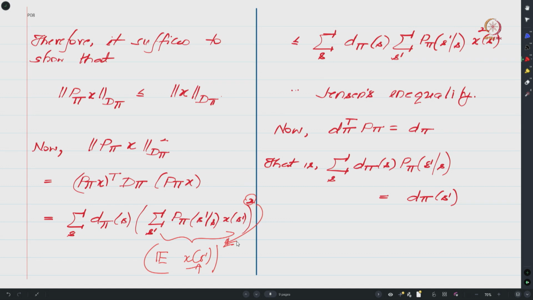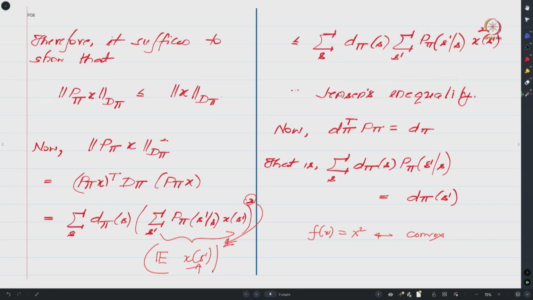And now the square function, so if I write f of x equals x square, this function is convex in nature. Because it is convex, one can invoke what is called Jensen's inequality to conclude that the square of the expectation, that is the function of the expectation, is upper bounded by the expectation of the function.